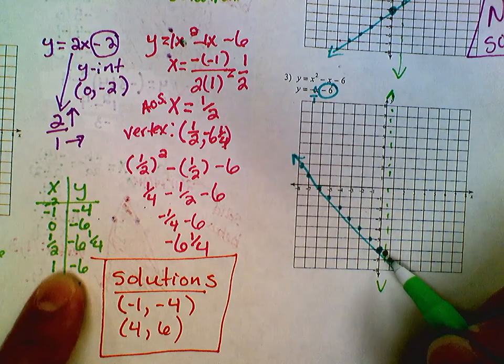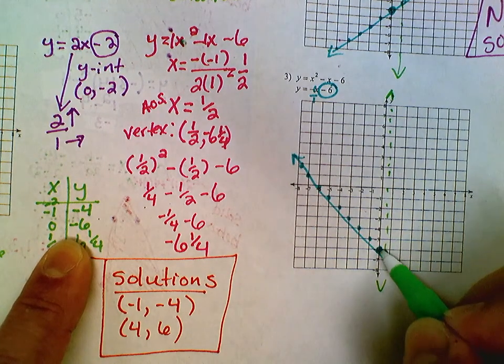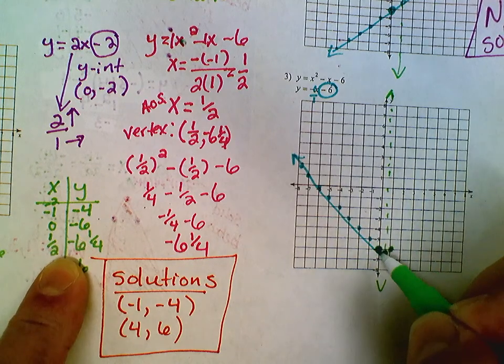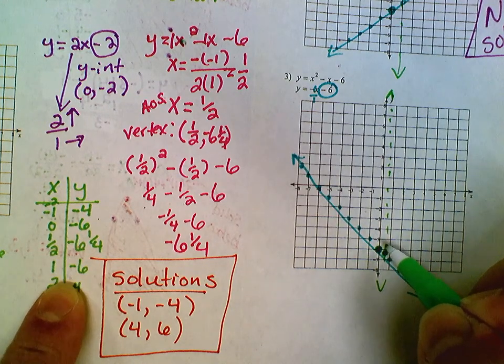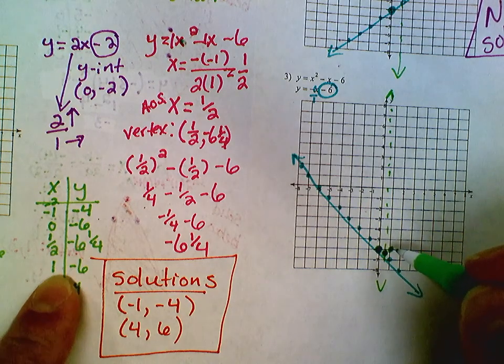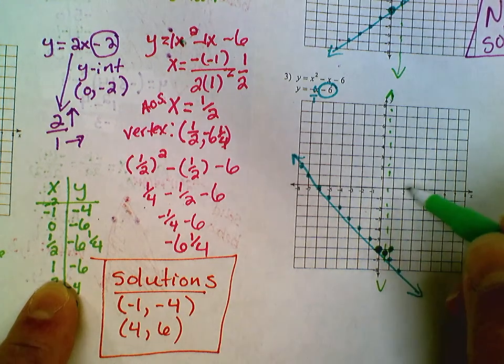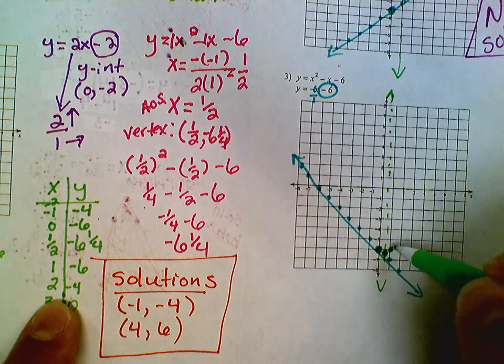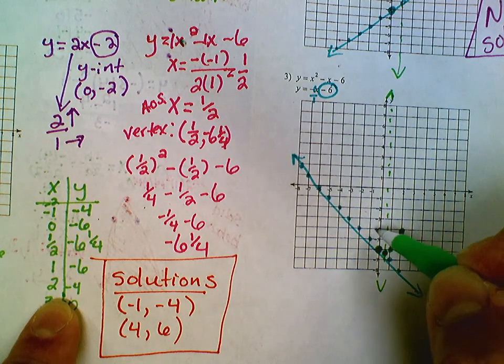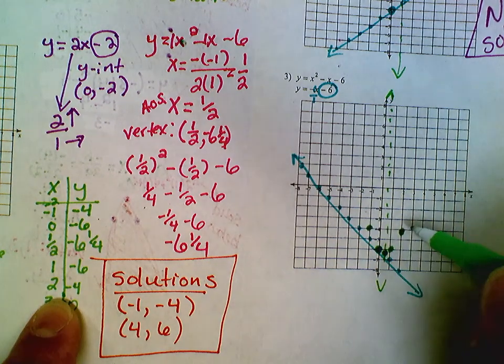And then what is my next? I have 0, -6. Oh, look at that. And then I have 1/2, 1, -6. Oh, already did that. And then I have 2, -4. And so that one, right?